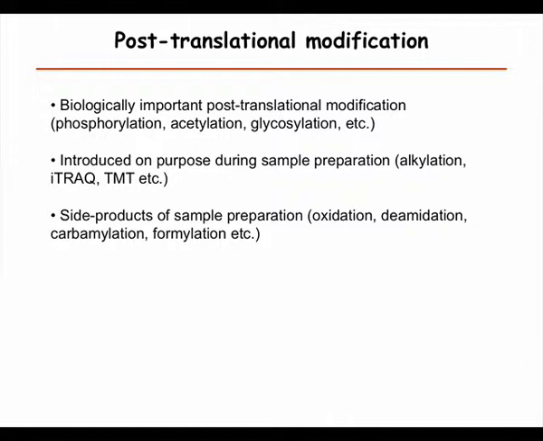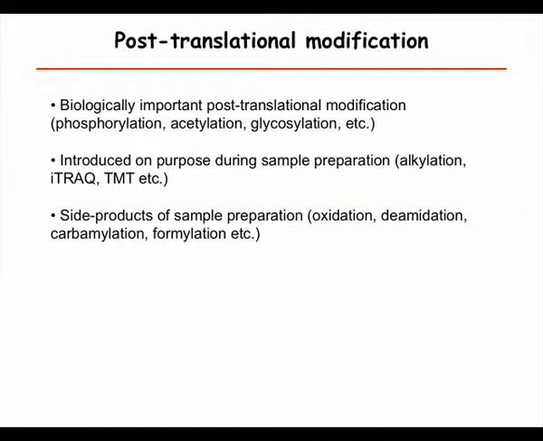The ones I mentioned so far all have something to do with the biological function. But then we also introduce modifications during sample preparation. These are either reagents to quantify proteins or to make them more amenable to mass spectrometry.